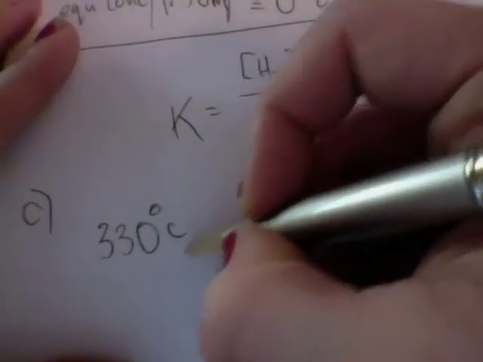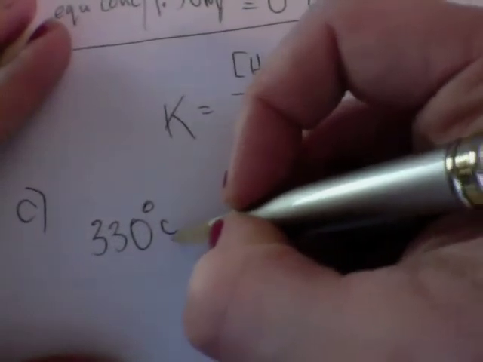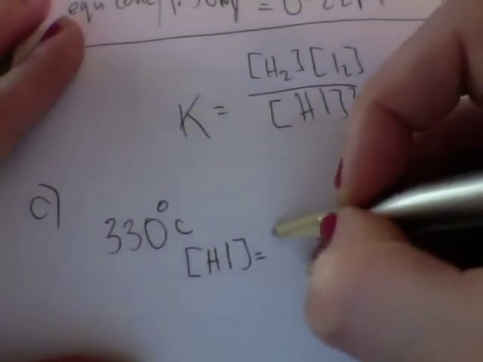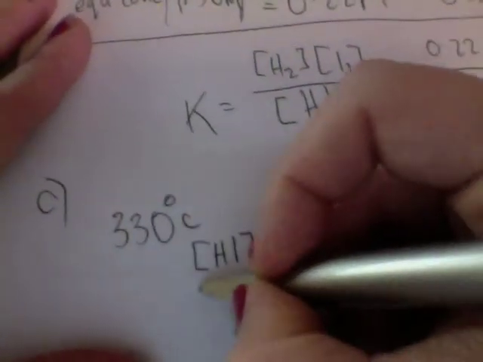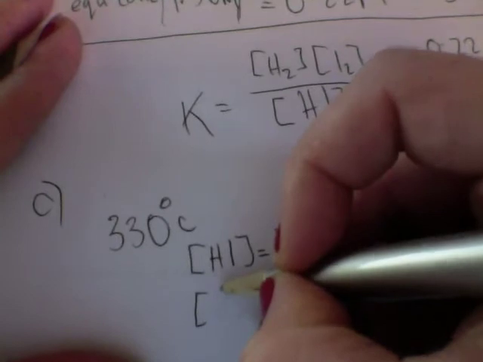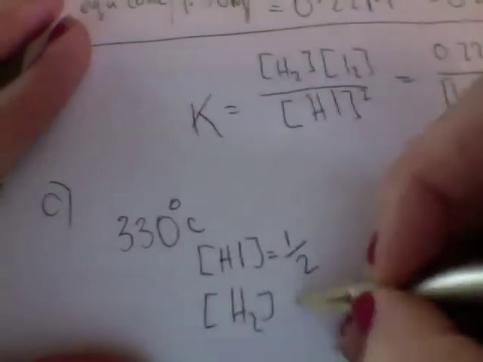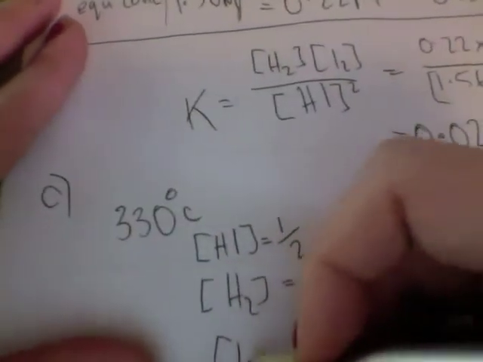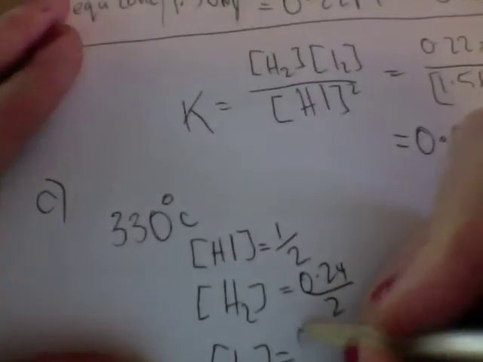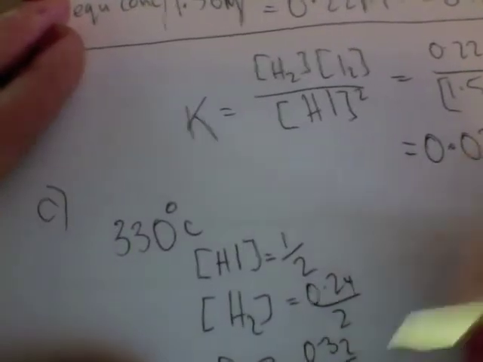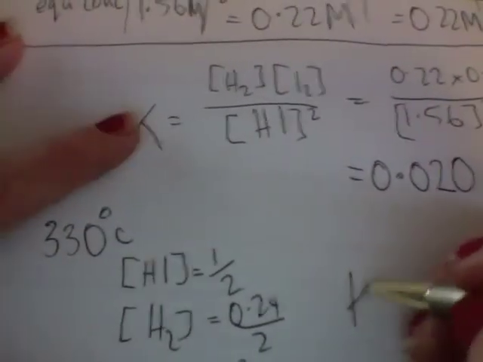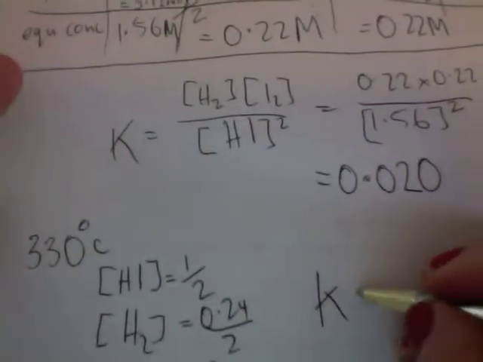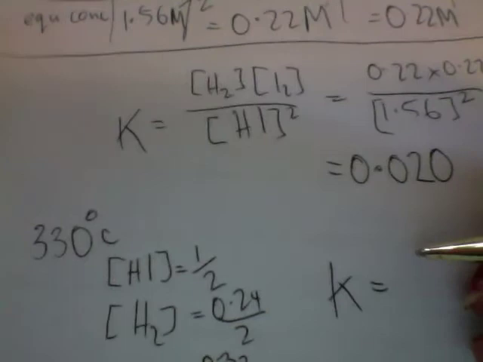We can simply convert everything into concentration. The concentration of HI equals 1 over 2, the concentration of H2 equals 0.24 over 2, and the concentration of I2 equals 0.32 over 2. Now we can simply sub it into that equation for K, and we can work it out to see if it's at equilibrium.